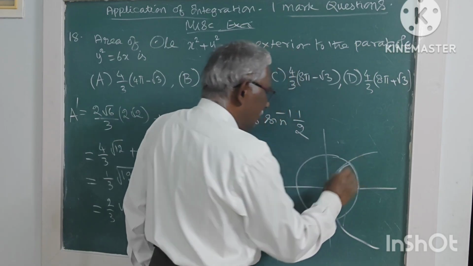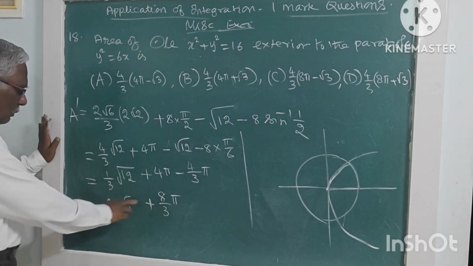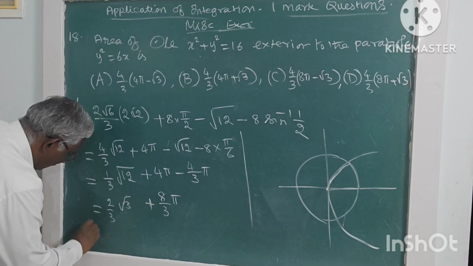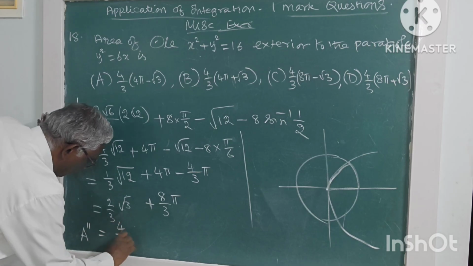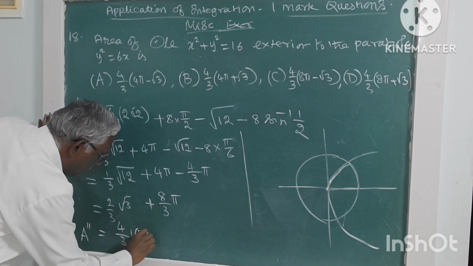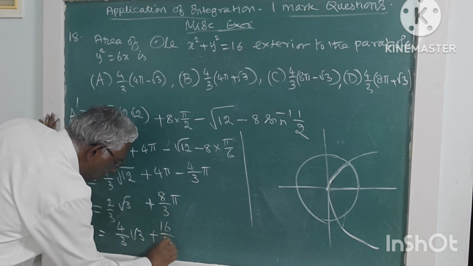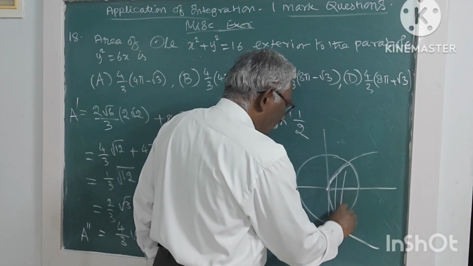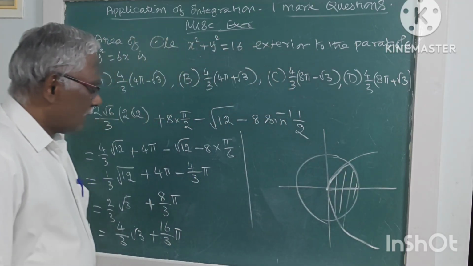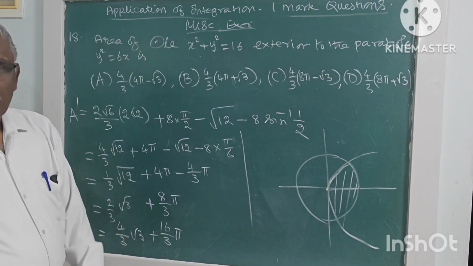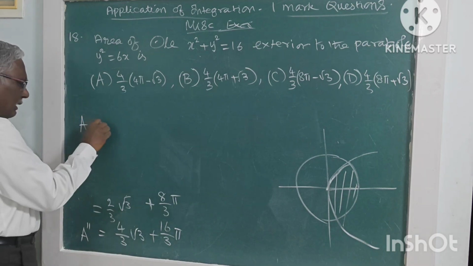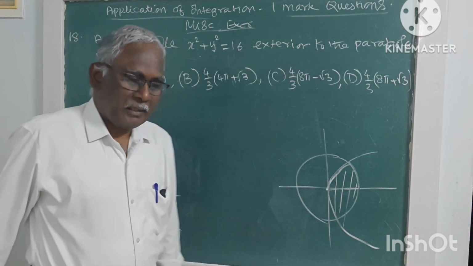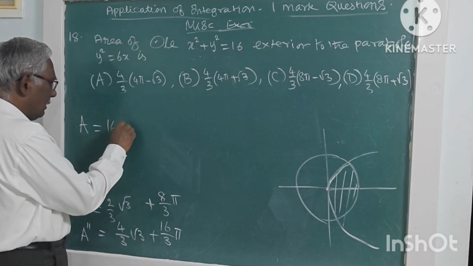What you have found is only this area, so you have to multiply this by 2. So 4 by 3 root 3 plus 16 by 3 pi. This is the area of this full portion, that we have to subtract from the area of the circle. The radius is 4, pi r square, 16 pi is the area of the circle.